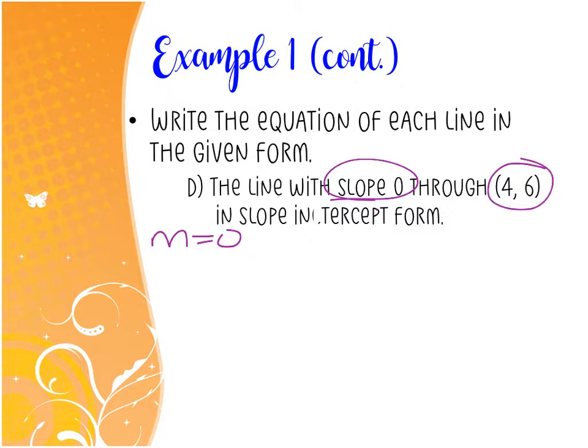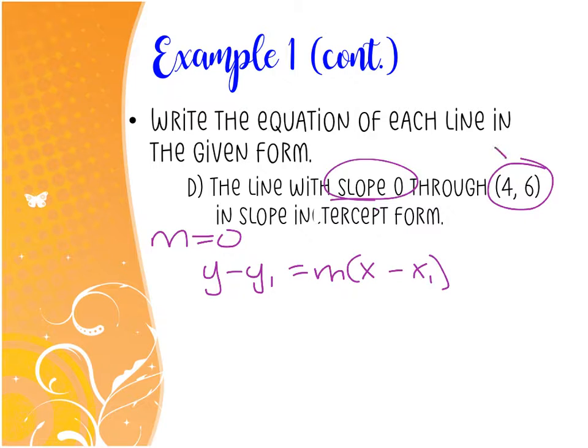So this is where I've got 2 options. Either plug that into y equals mx plus b to solve for b, and then plug it back in, or plug it into point slope. My advice is if you're given a point and the slope, plug it into point slope, and then just solve for y.